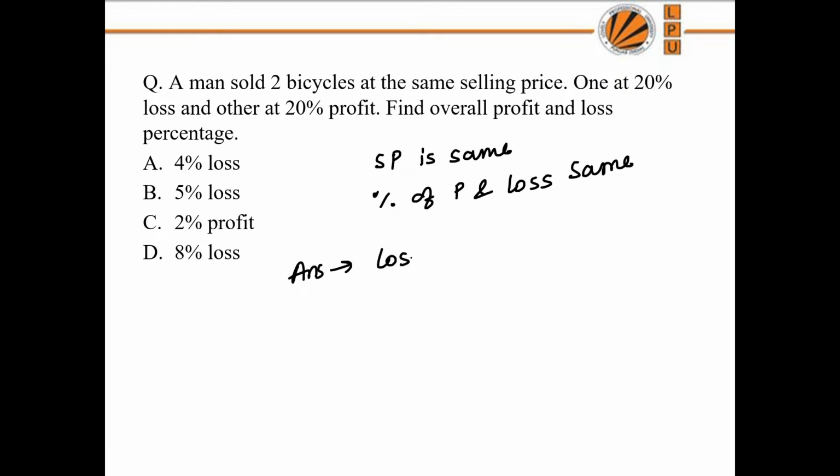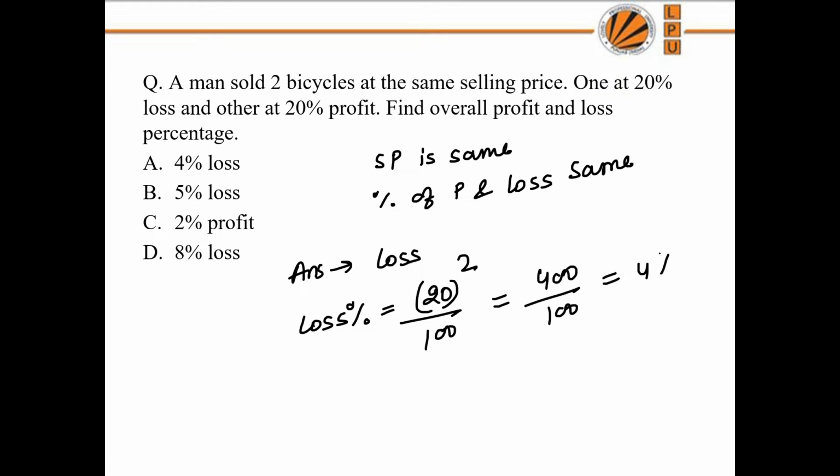First thing is this. And loss percent is equal to whatever percentage is given, square of that divided by 100. So it means it will give you 400 divided by 100. It means 4% will be the loss.